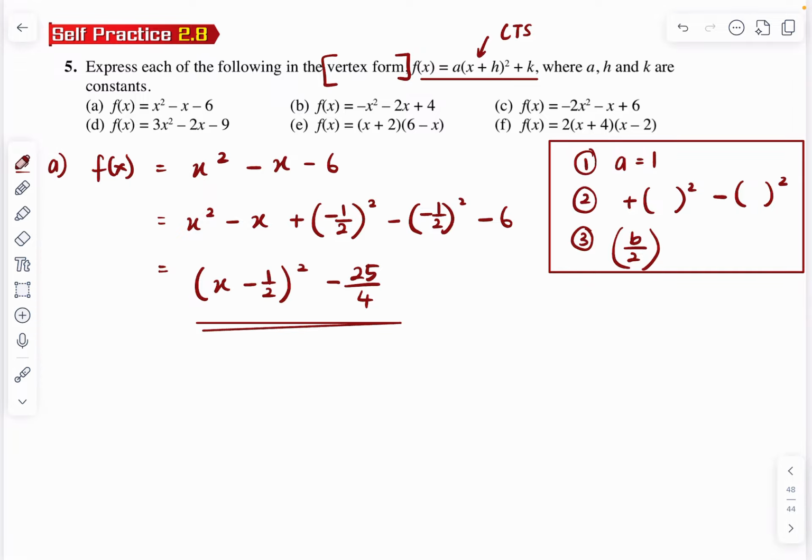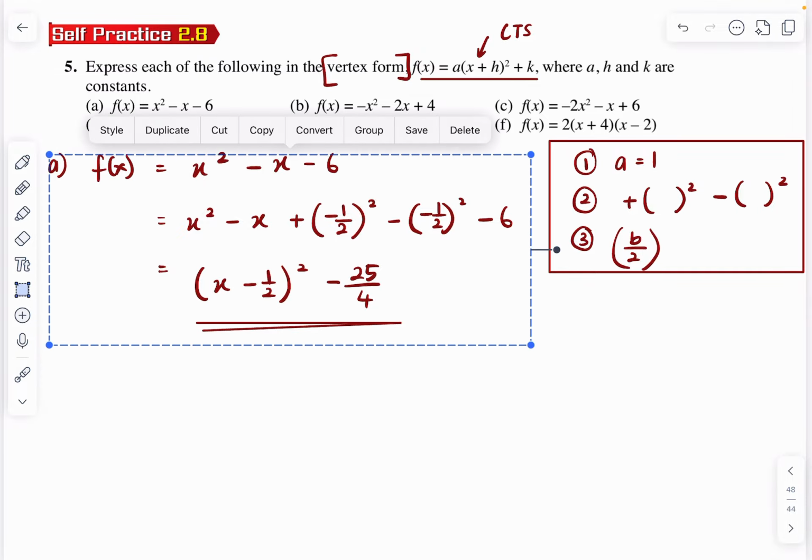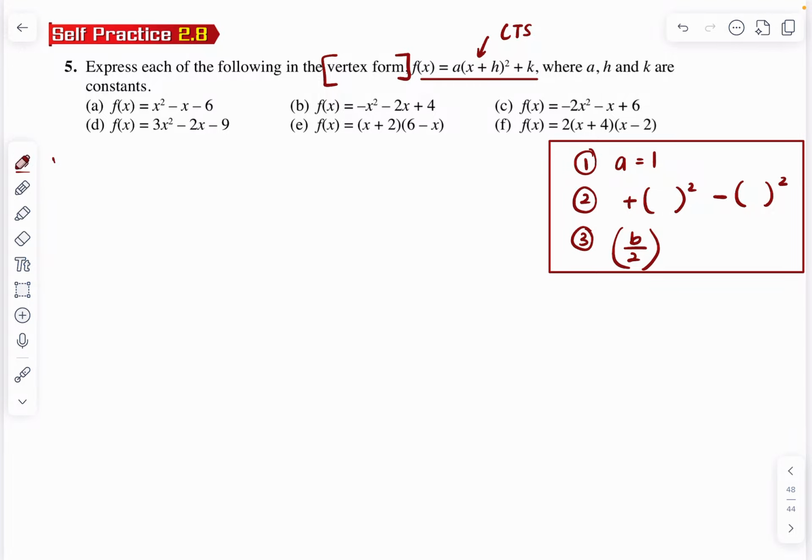Right. A done. Now let's look at B. f(x) is negative x squared minus 2x plus 4. Okay, so you follow the steps. The first step is A must be 1. In this case, our A is negative 1.